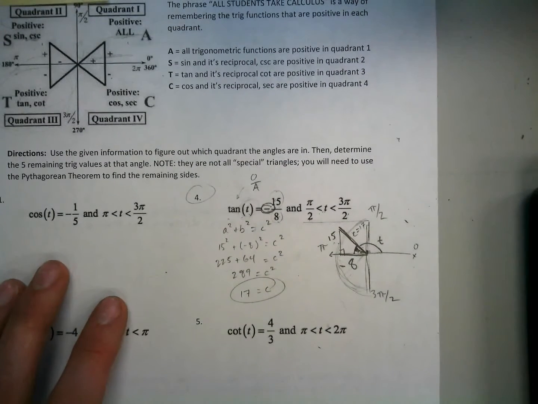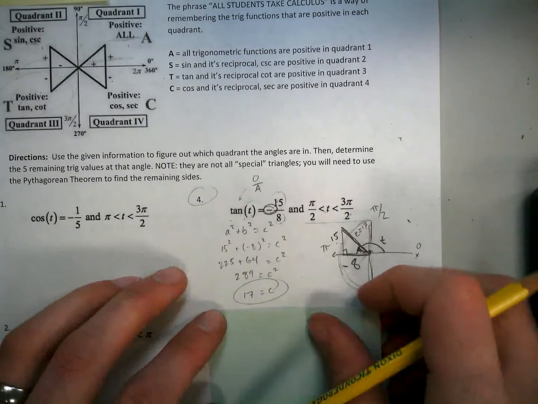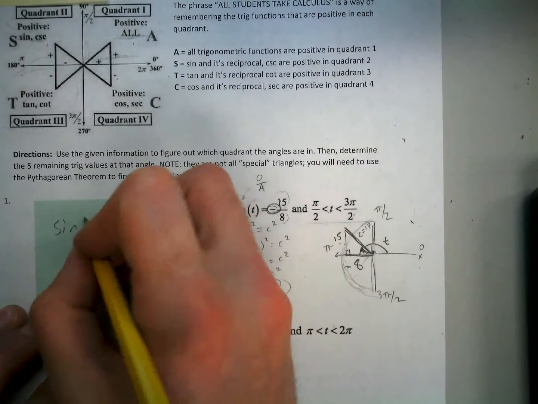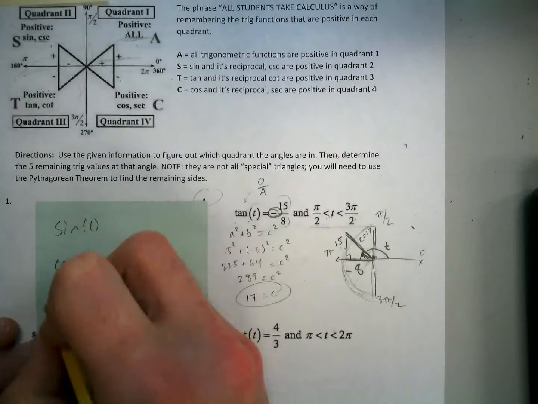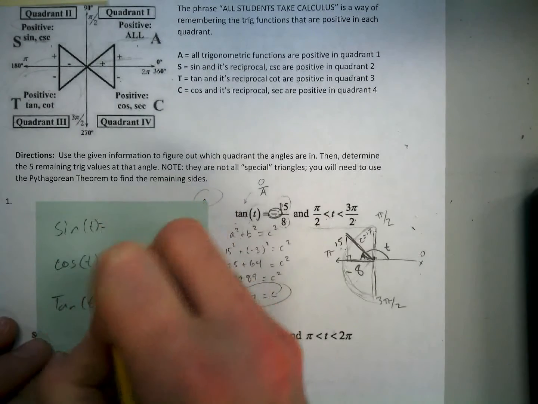Let's get our other trig values here. I'm running out of space. I apologize if this is too small for you to work on. You guys can figure it out, so use some extra paper. I'm going to get a sticky note. Let's put it over here so we can see. So we need to be able to find sine of t, cosine of t, tangent of t. My pencil's about to break.